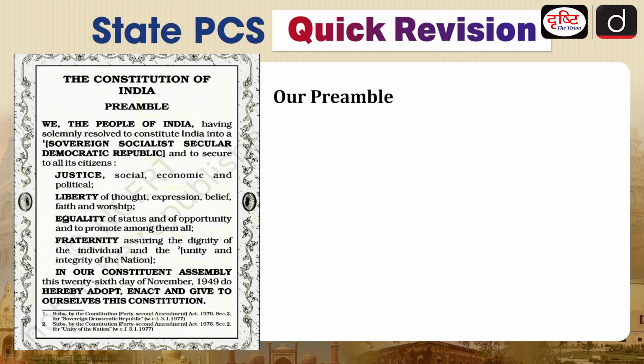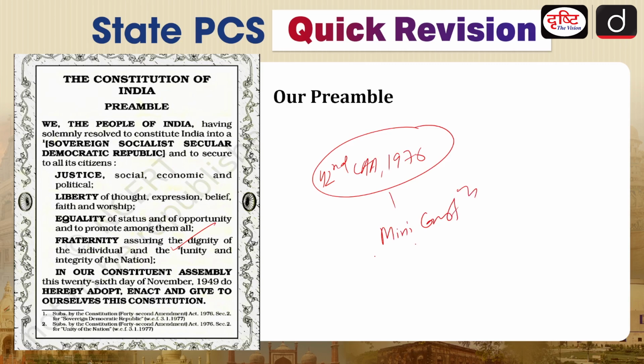integrity of the nation. Again, this term unity and integrity was added later through the 42nd Amendment Act in 1976, and that is one of the reasons why the 42nd Constitution Amendment Act 1976 is also called the mini constitution. Okay, I hope that is clear.